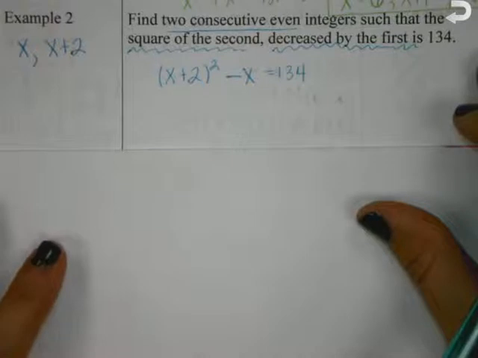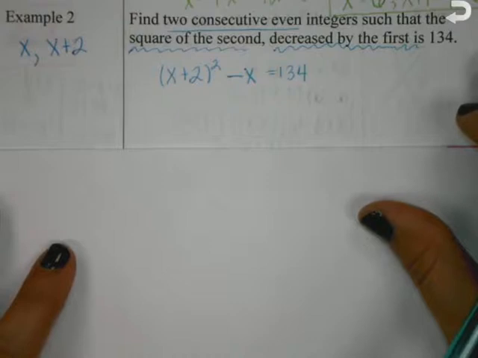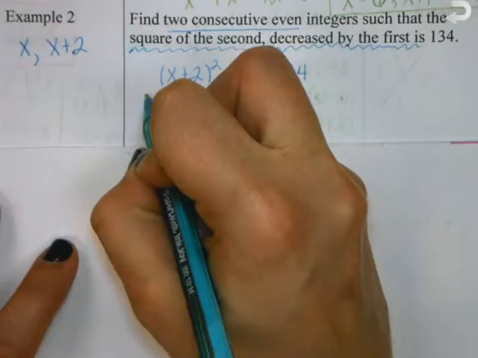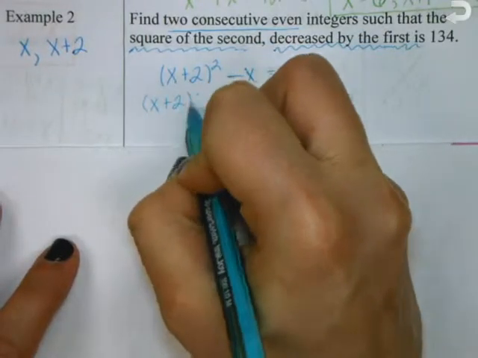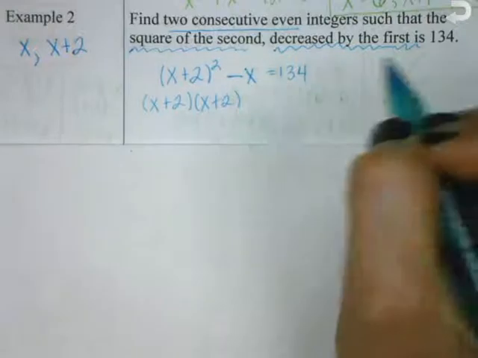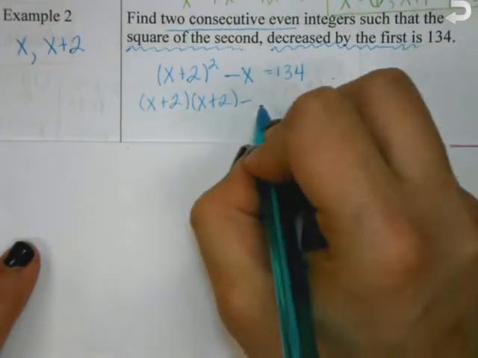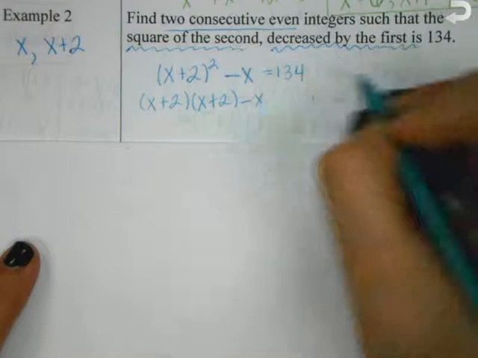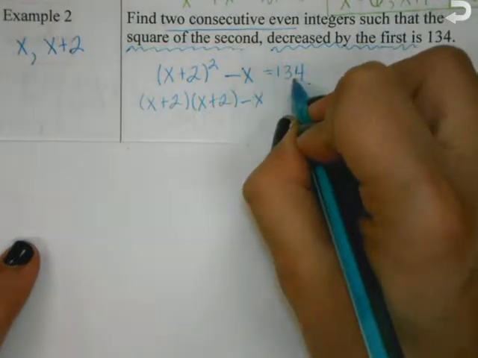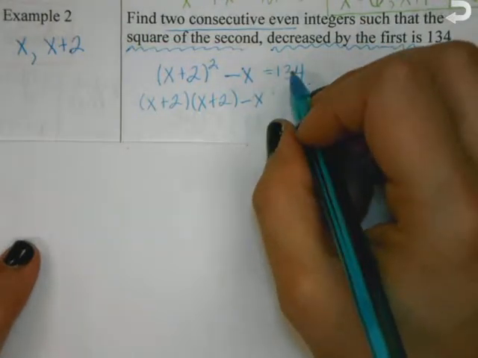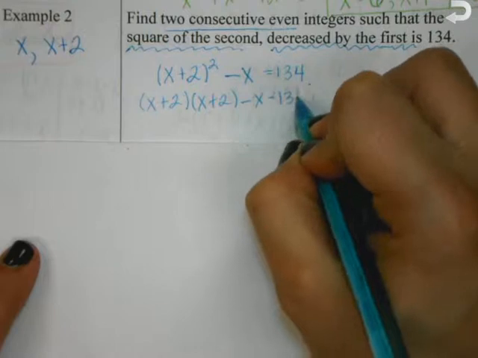Yeah, I say let's do this. So x plus 2 times x plus 2, all of that minus x. And then we want to move 134 to the other side. So is everybody okay with me just subtracting it now? And then setting it equal to 0? So I kind of did two steps in one.